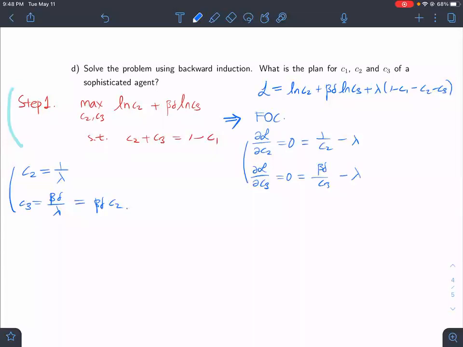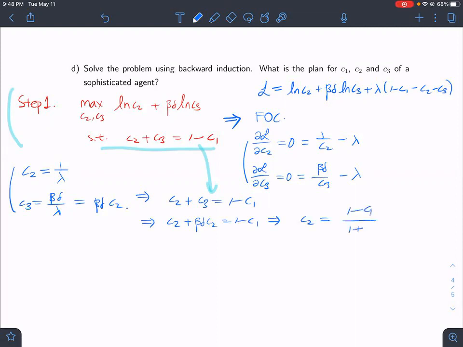So this implies that C2 plus C3 was supposed to be 1 minus C1. This is coming from here. And because C3 is beta delta C2, we have C2 plus beta delta C2 equals 1 minus C1. So we have C2 equals (1 minus C1) over (1 plus beta delta).